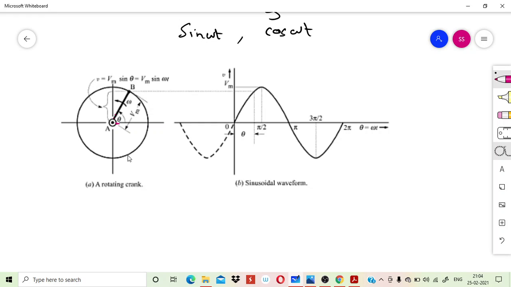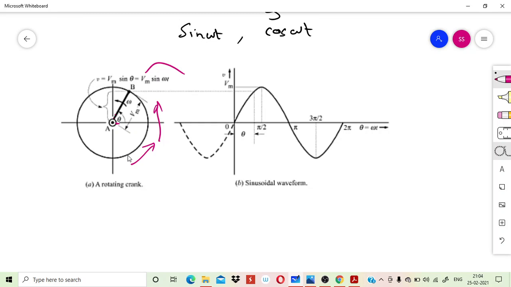This rod is fixed at point A, and it is free to rotate in the anti-clockwise direction, that is the counterclockwise direction, in this direction, like this.